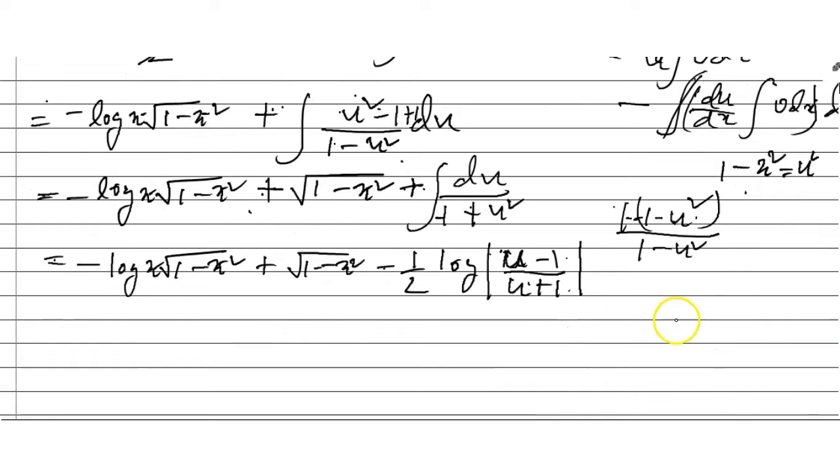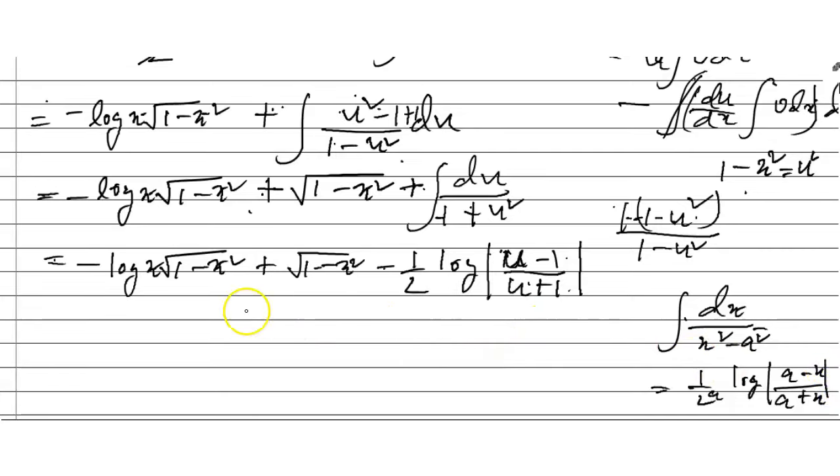And must remember, friends, that integration dx divided by x square minus a square is equal to 1 by 2a log of a minus x divided by a plus x.